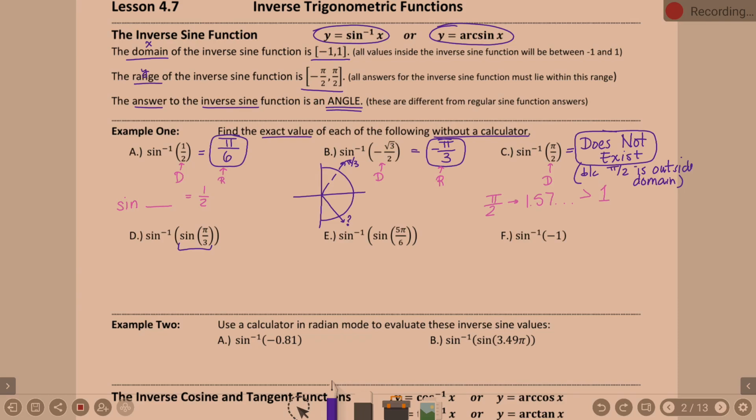According to our chart, the sine of pi over 3 is square root of 3 over 2, correct? Now realize, that wasn't an inverse trig function there, was it? That's just what was the sine. So now we know that that's square root of 3 over 2. So now the question becomes, what is the sine inverse of square root of 3 over 2?